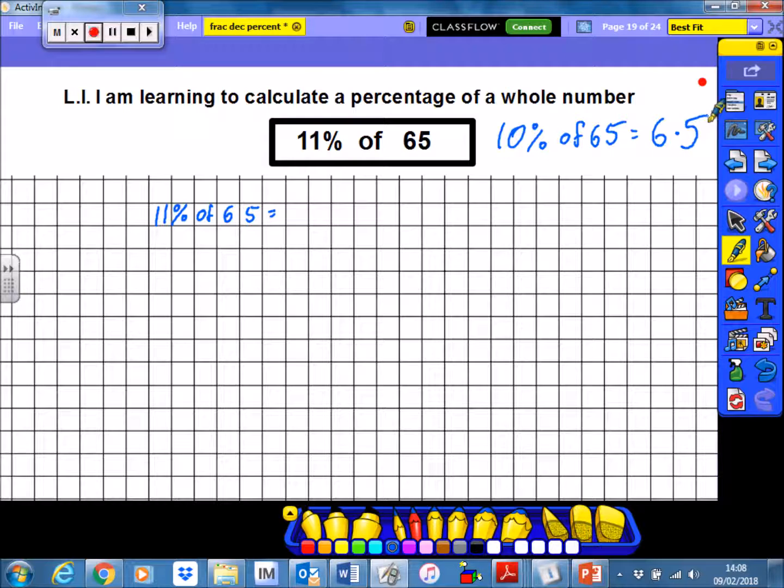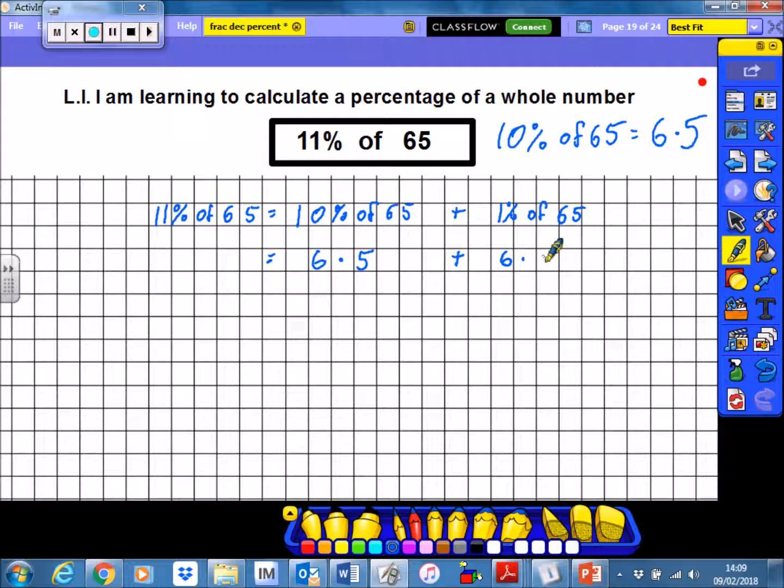A little bit trickier because we now have a decimal involved, but still all the same things apply. So, 11%, what is that really? It's 10% of 65 plus 1% of 65. Now, the 10% I've already done. It's 6.5. The 1% is going to be 10 times less because we've got 10%, so to get 1% we have to divide by 10.